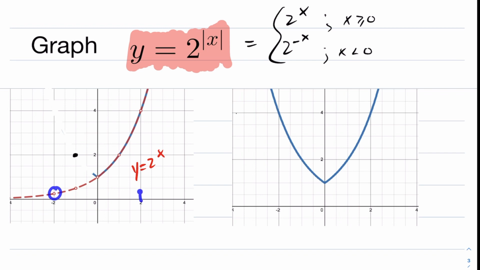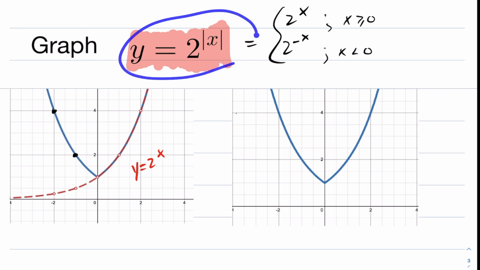But it will act just as it did when it was at positive 2, because when x is negative 2, it's going to be negative negative 2, making it positive. It'll output just as it did at 2, so that value will be all the way over here. And that's where we got our blue line that you saw. So y equals 2 to the absolute value of x will have this shape to it.